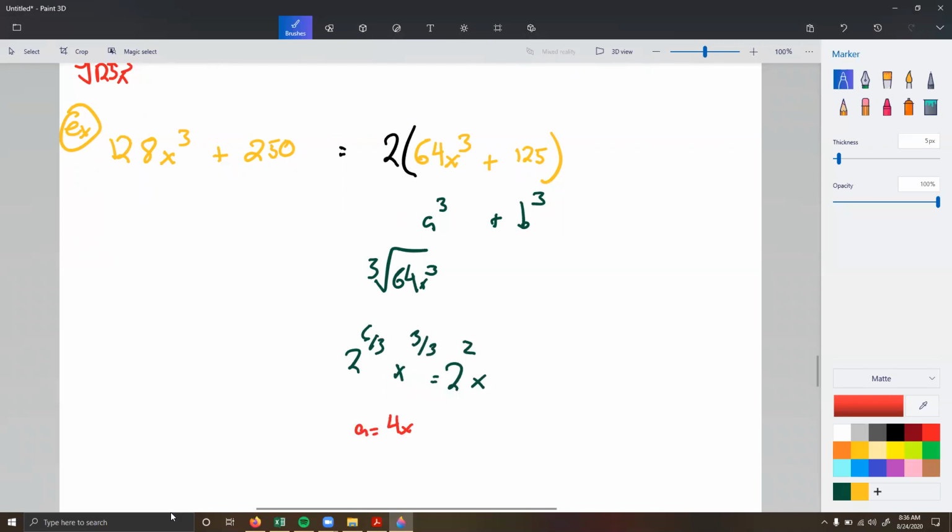Okay, b is much simpler, right? Because it's just a number. So you can just go ahead and check that in your calculator, or you can do it. Doesn't matter to me, but either way, b is going to be 5. 125 is 5 cubed. So now we're going to use our formula. Now, again, if you're not so memorized on it, that's fine.